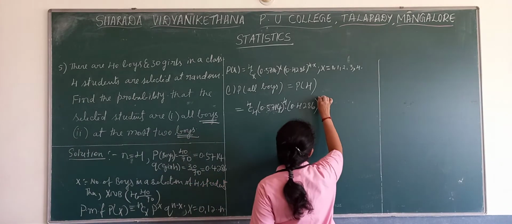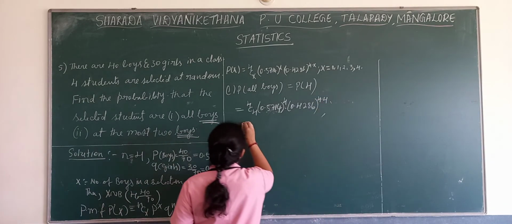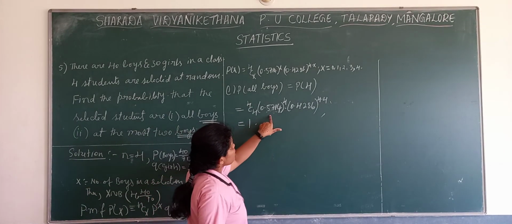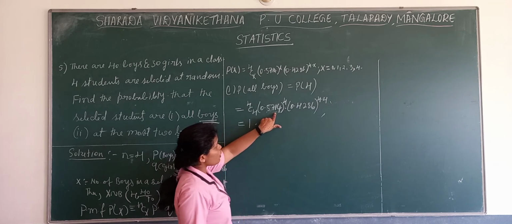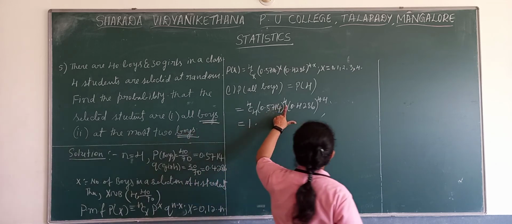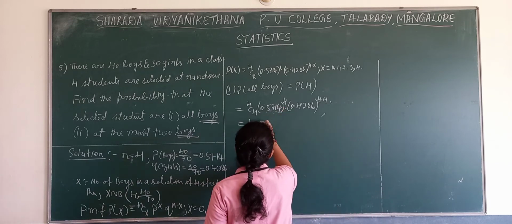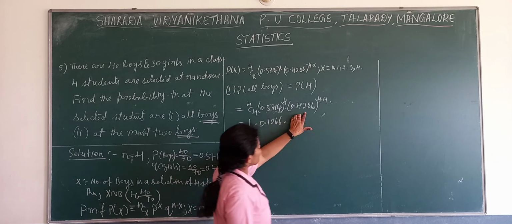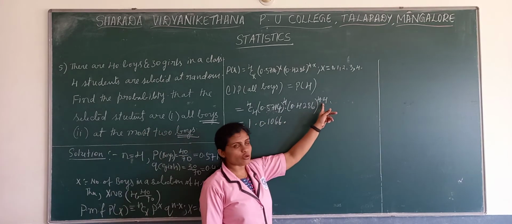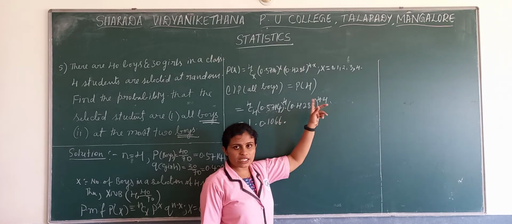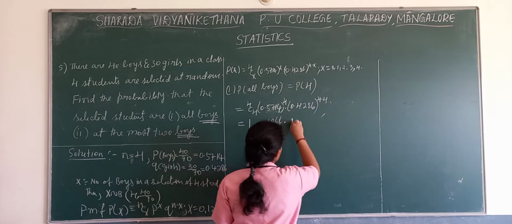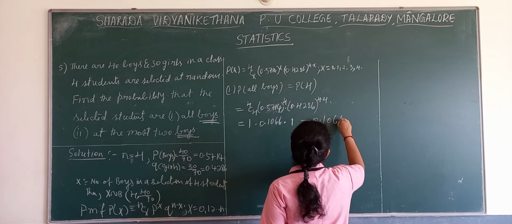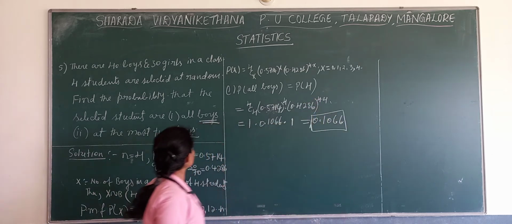So here 4 minus 4. 4C4 value is 1 into 0.5714 to the power 4, that is 0.1066, into 0.4286 to the power 0. 4 minus 4 is 0. Anything to the power 0 is value 1. So here when we multiply, we get 0.1066. So this is the probability of all the boys.